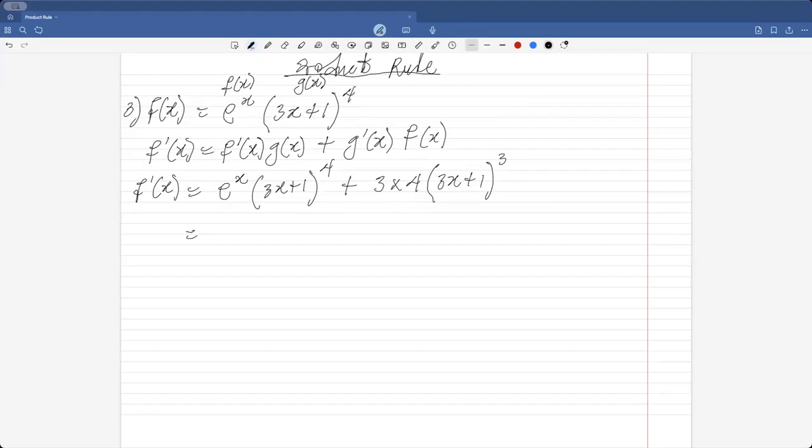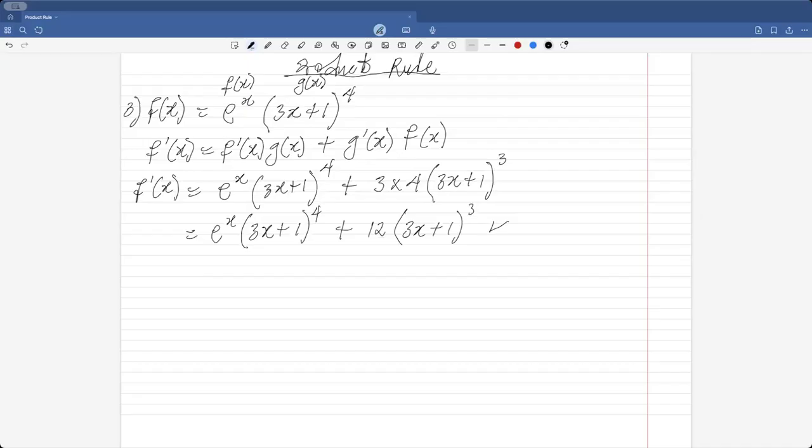Along the line, we have e to the x (3x plus 1) all to the power of 4 plus 12 (3x plus 1) to the power of 3. So I can leave my answer like this, or better still, I can factorize. If you leave your answer like this, it's correct.